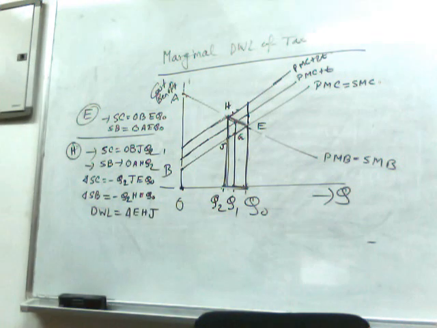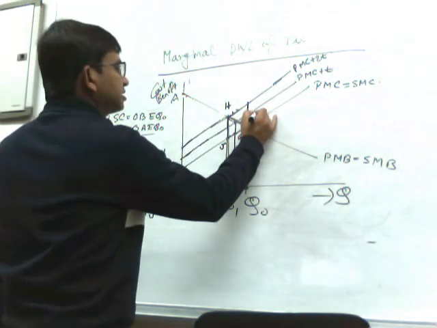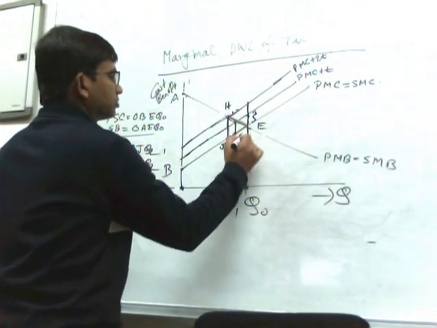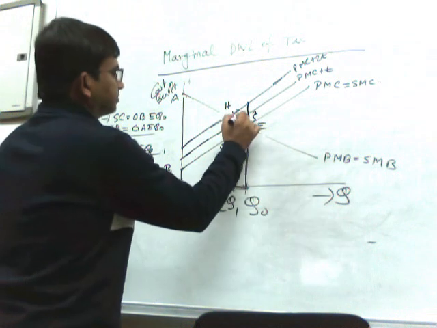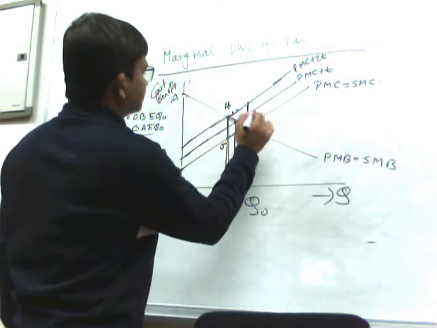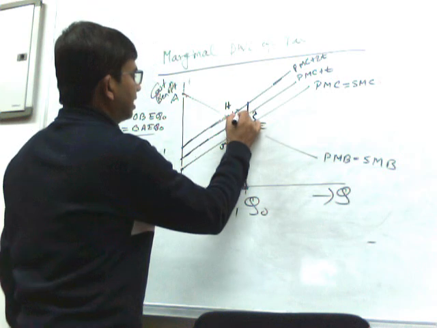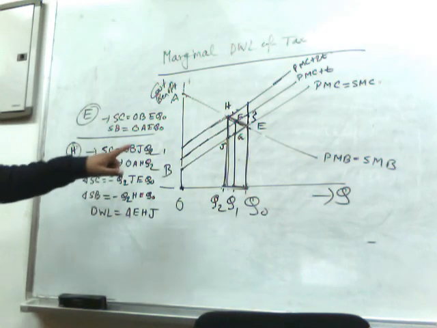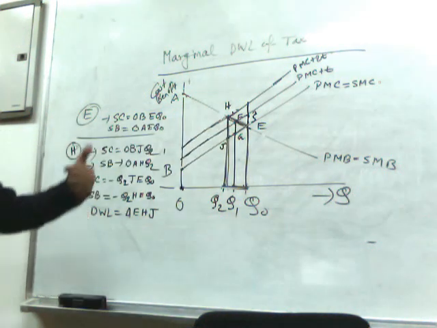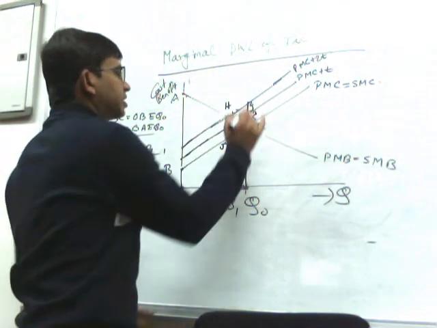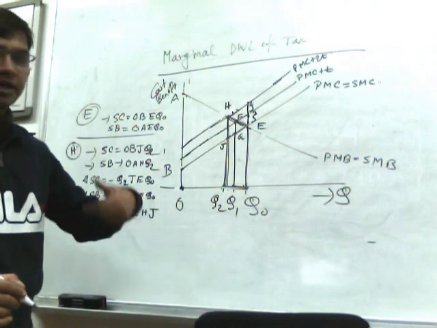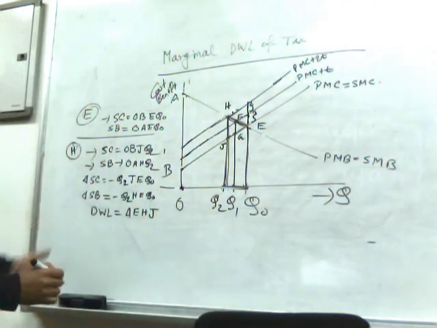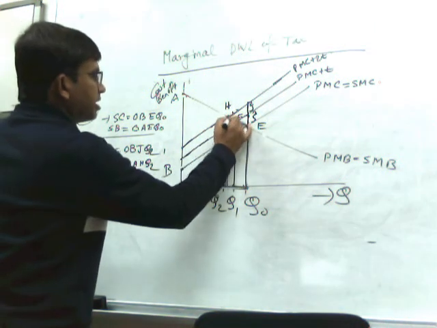So just see, first we imposed the tax T. At that time the deadweight loss was given as EFG. So initially the deadweight loss was EFG. Now we are further increasing taxation in the same proportion, so again a per unit tax T is imposed. So right now the total deadweight loss becomes EHJ.